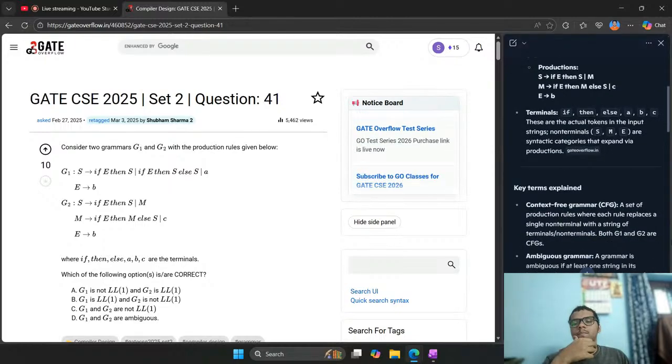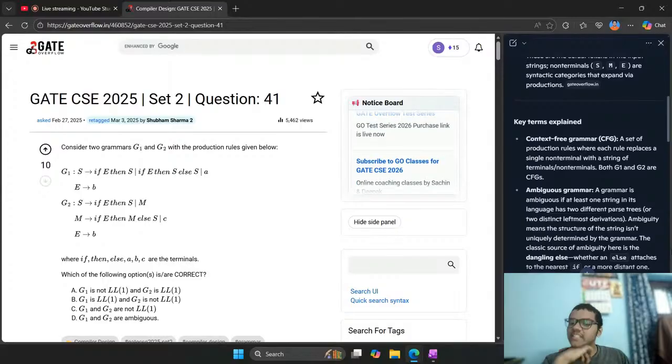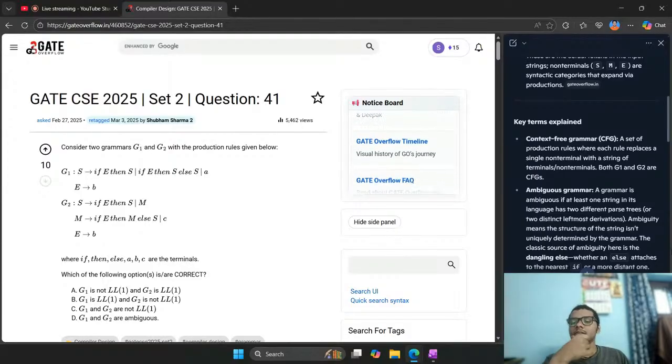A context-free grammar is a set of production rules where each rule replaces a single non-terminal with a string of terminals. A grammar is ambiguous if at least one string in the language has two different parses.